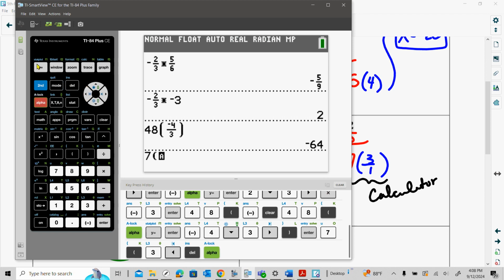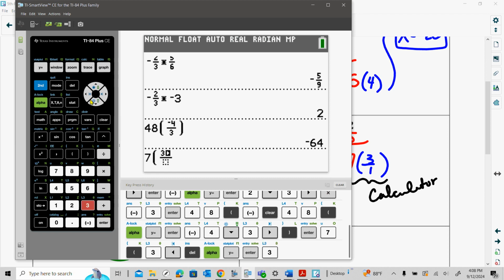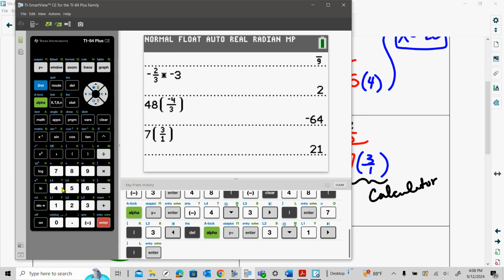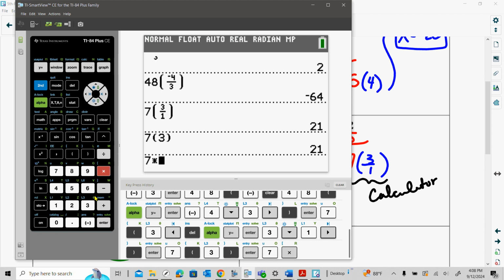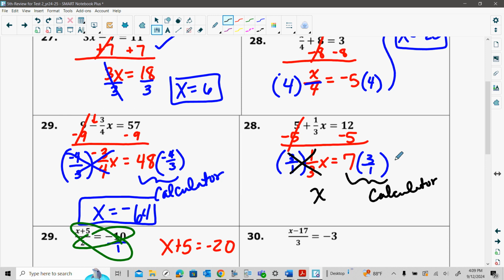You have to hit alpha, y equals, enter, and then 3 on the top, 1 on the bottom, arrow to the right, close the parentheses, and hit enter. But 3/1 is just the same thing as 3, so you can do 7 parentheses 3, or you can say 7 times 3, because parentheses show multiplication. Okay, but make sure we're using our calculator. Check our work, make sure we're on the right track. So x here was 21.